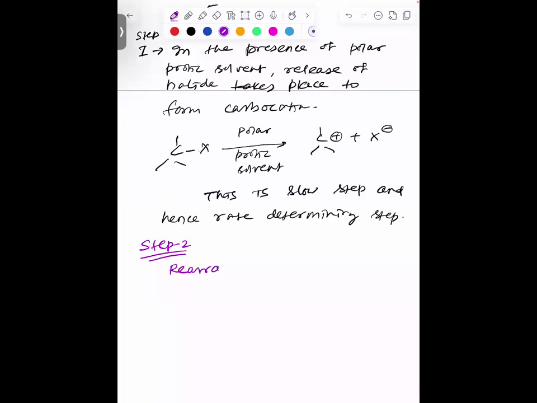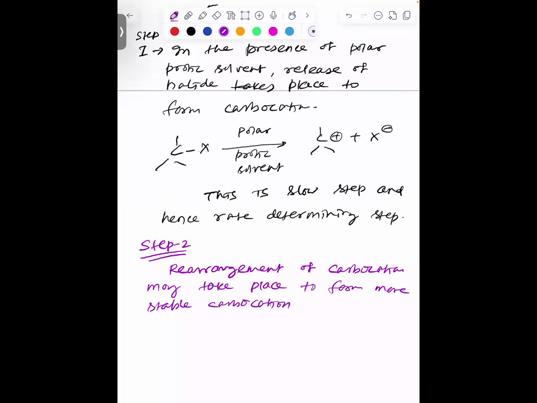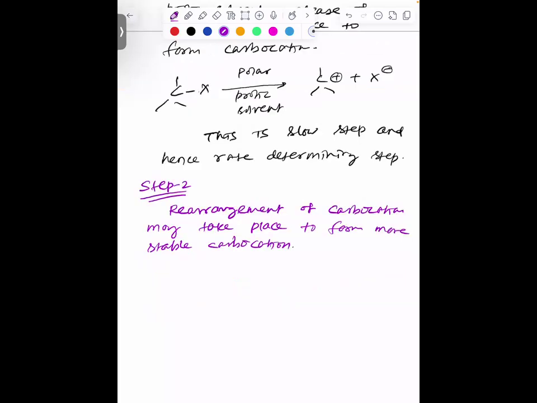Rearrangement of carbocation may take place to a more stable carbocation. It is not always necessary, but it may take place to form a more stable carbocation. It is the second step.